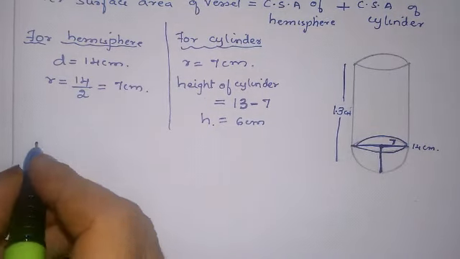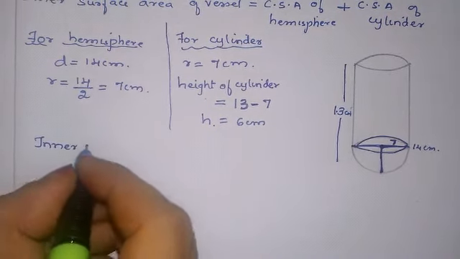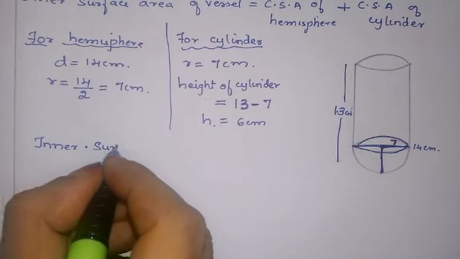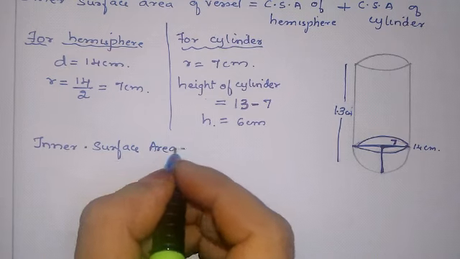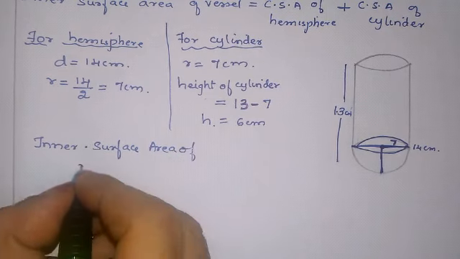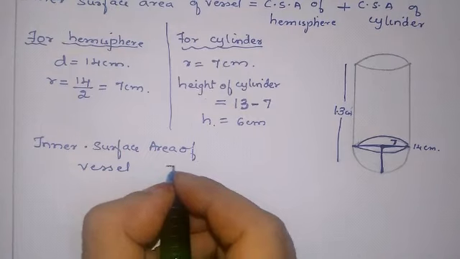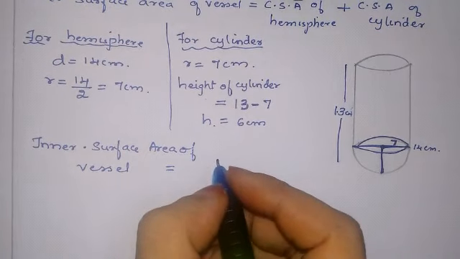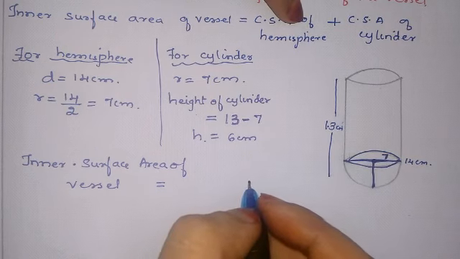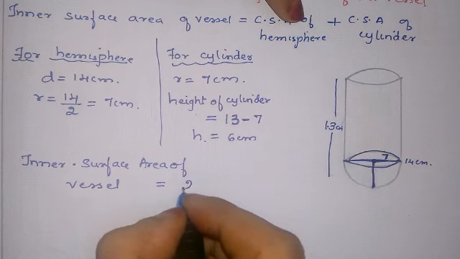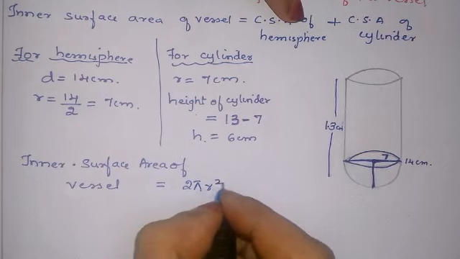Okay. Let us find the inner surface area of vessel. It is equal to CSA of hemisphere, which I have written already here. We know what is the formula for CSA of hemisphere, that is 2 pi r square.